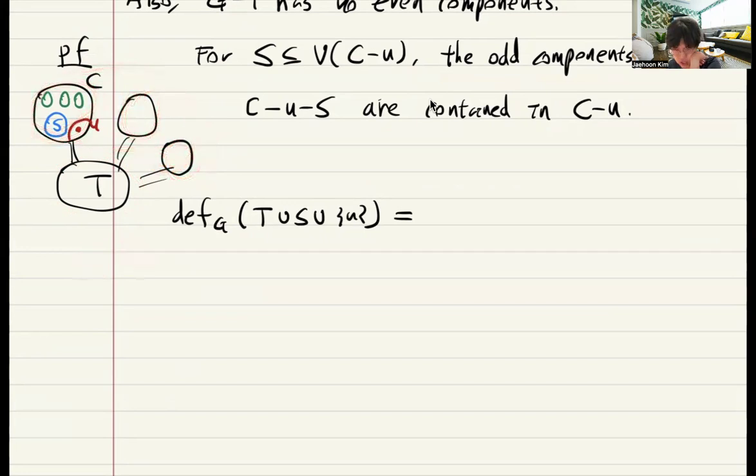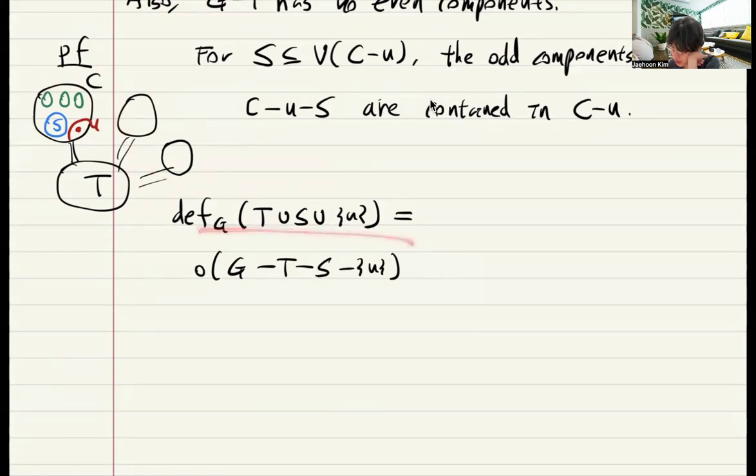So what we have to write first is the number of odd components in G minus T minus S minus U, minus 1. Let's write it this way.